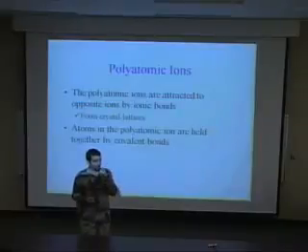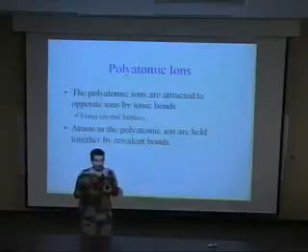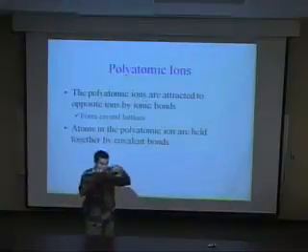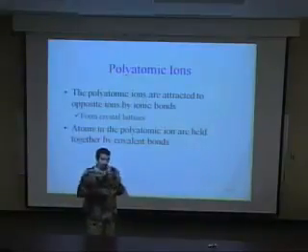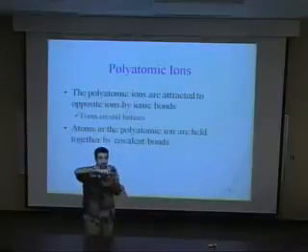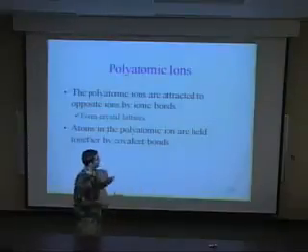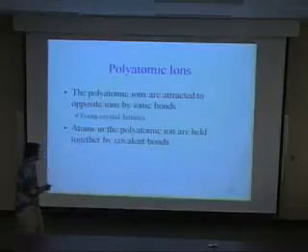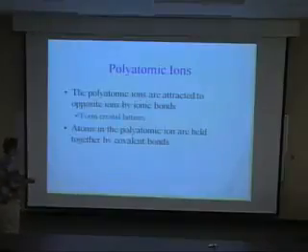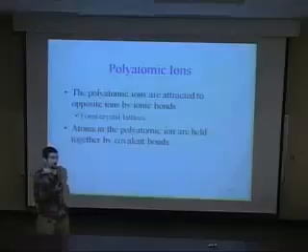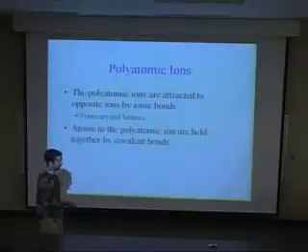I've got an S with oxygens around it. I've got covalent bonding that's holding those nonmetals together. So I've got covalent bonds, and then the big picture, after I've got the covalent bonds that are holding that thing together, it acts as an ion that participates in ionic bonds. So it gets a little confusing, but that's what this is saying up here. The atoms inside the polyatomic ion are held together by covalent bonds, but the polyatomic ion itself participates in ionic bonding, so it acts as one big ion.